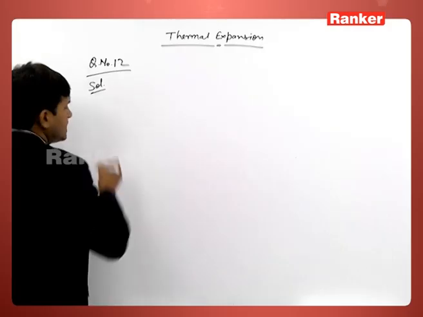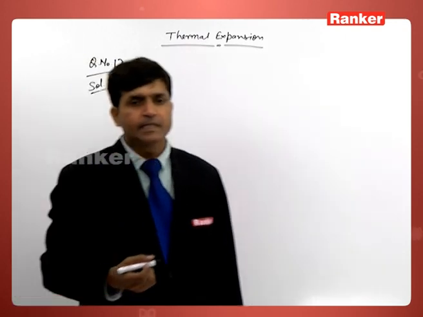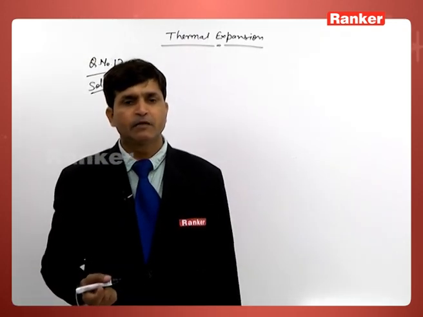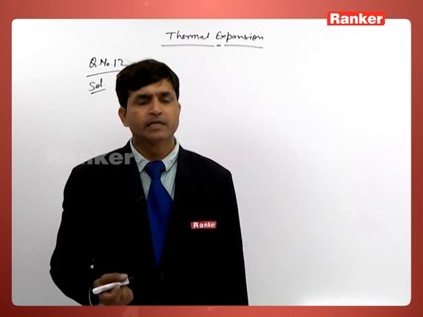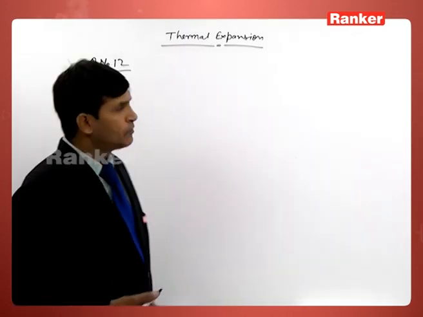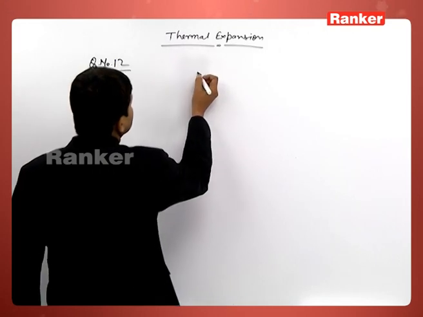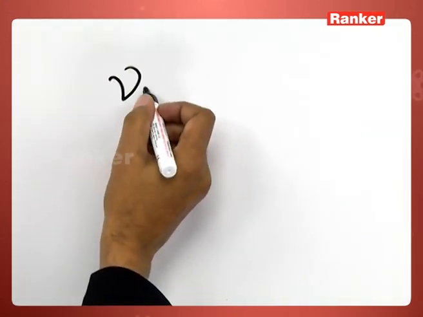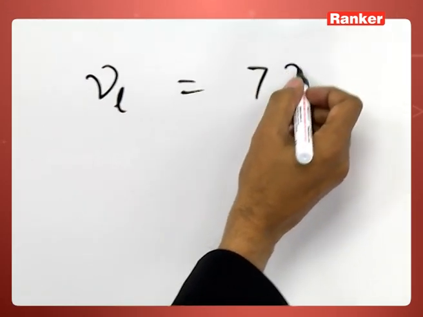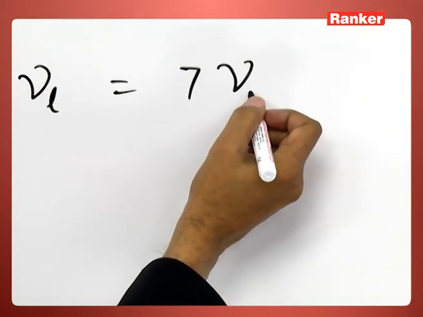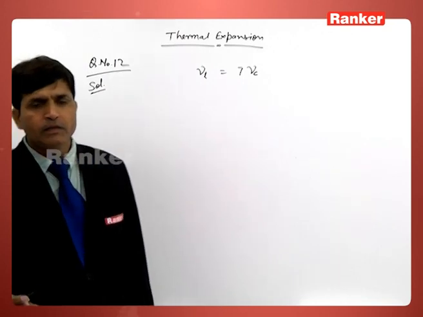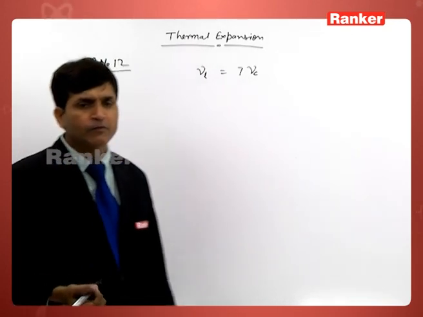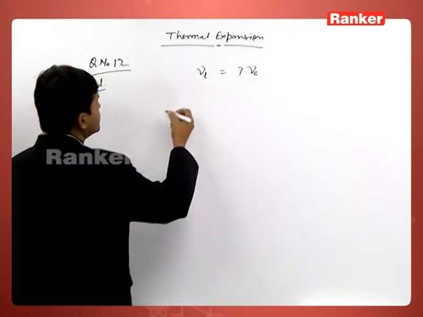See, it is given the coefficient of absolute expansion of a liquid is 7 times the coefficient of cubical expansion of the vessel. So gamma for liquid is 7 times gamma for container. This is given.